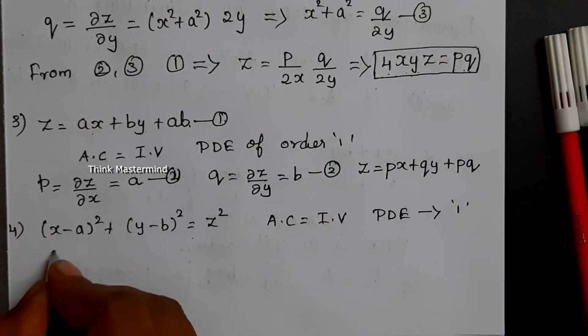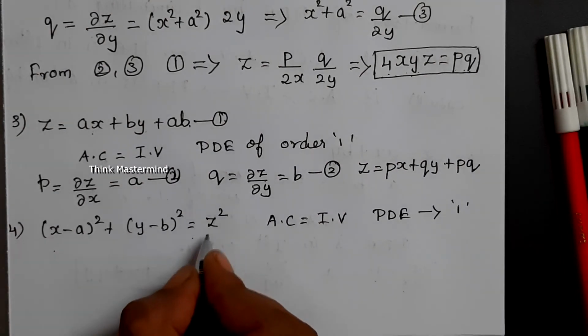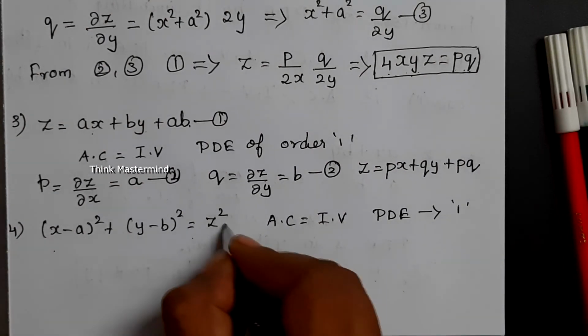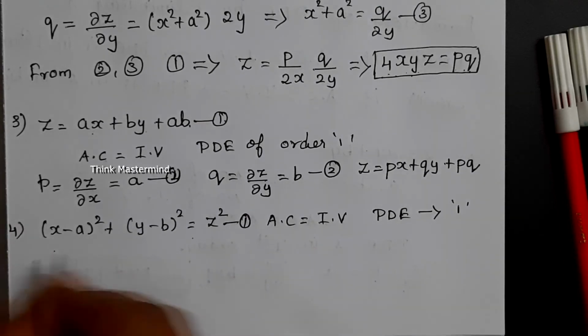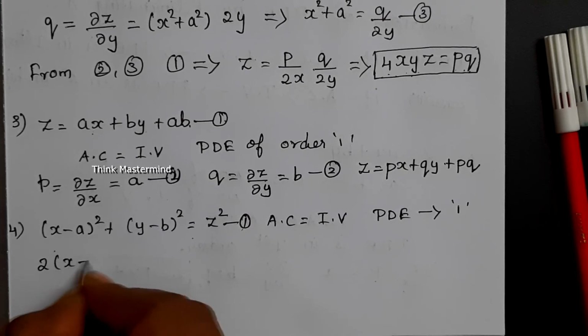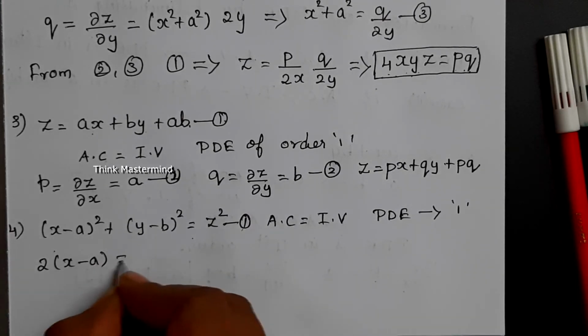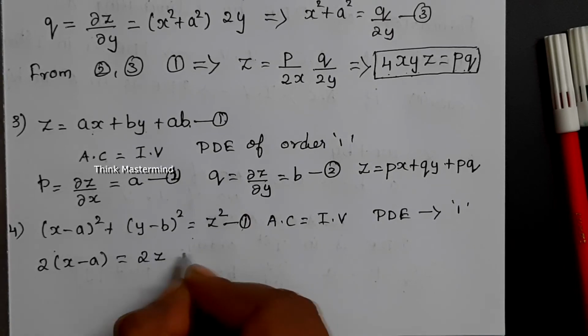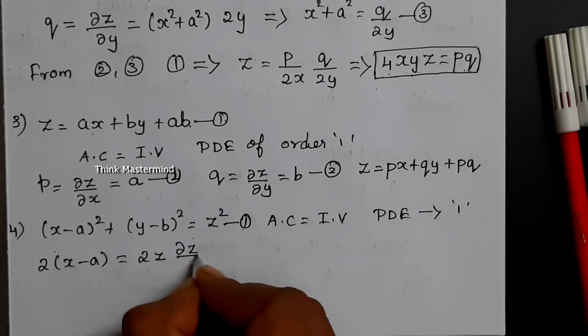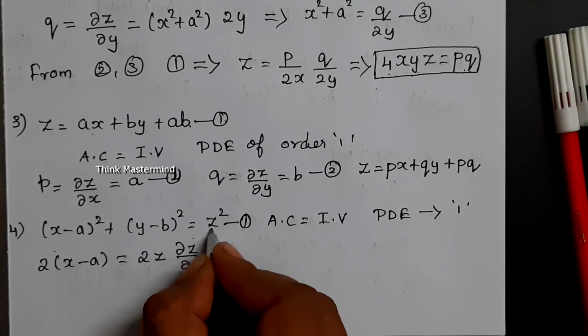Therefore the number of arbitrary constants is equal to the number of independent variables, then the partial differential equation is of order 1. You are differentiating this with respect to x, mark this equation as 1. Differentiating with respect to x, that is 2 times of x minus a. The differentiation of the y term with respect to x is 0, that is equal to 2z into dou z by dou x, because here we are having z squared.